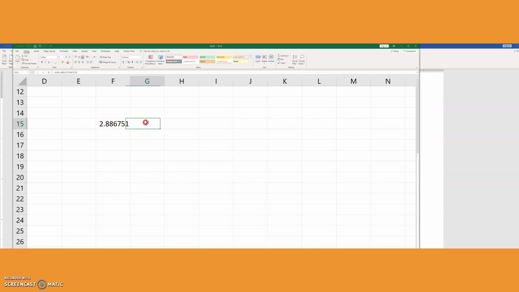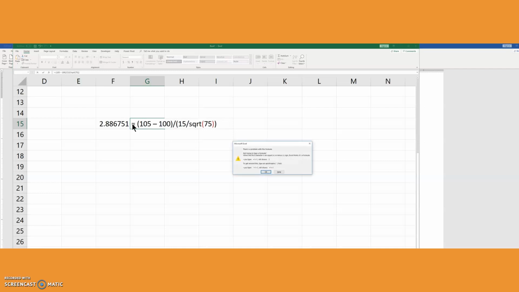Here is Excel, and we should get this value, by the way, unless I did something wrong. In this case, here we go. 1, 2, 3, 4, 5, and here we go. Okay, square.